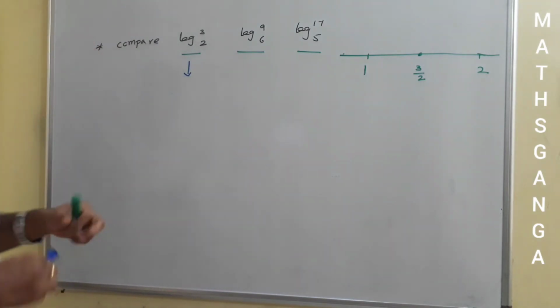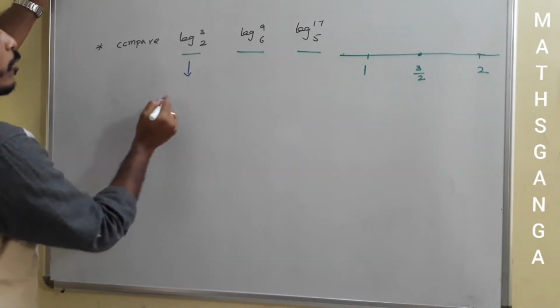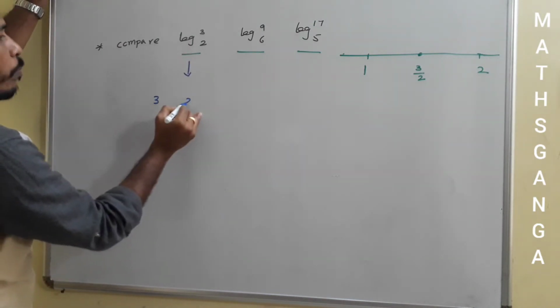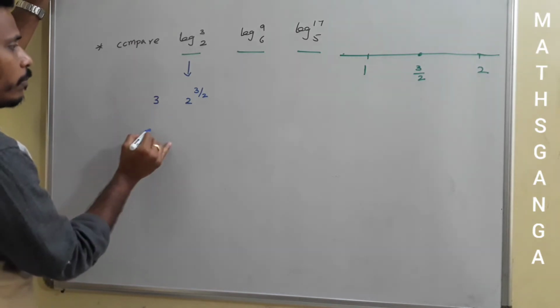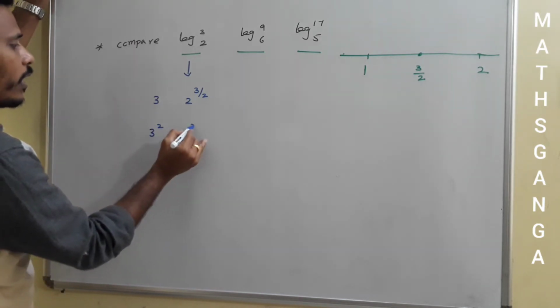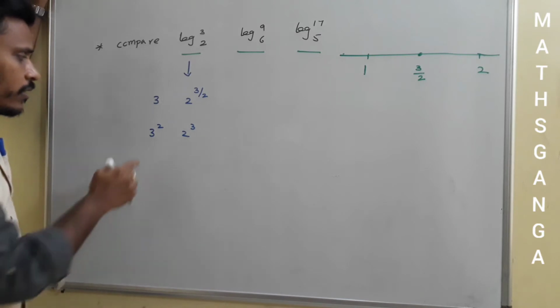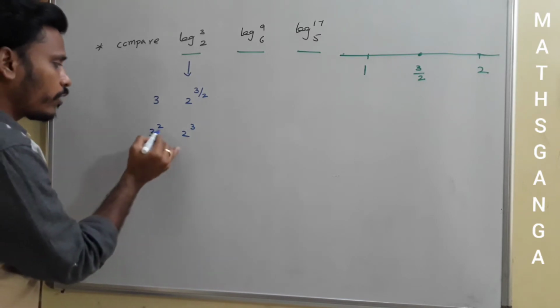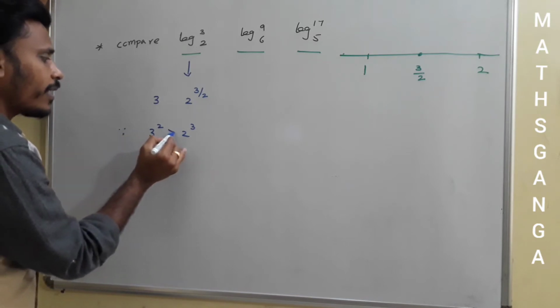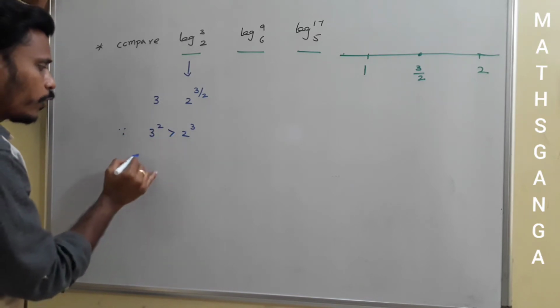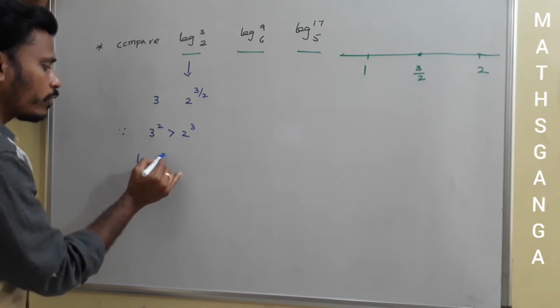To check that, I need to think about 3 and 2 power 3 by 2, which is simply thinking about 3 square and 2 cube. 3 square is 9, 2 cube is 8. Since 3 square is greater than 2 cube, apply logarithm with base 2 on both sides.